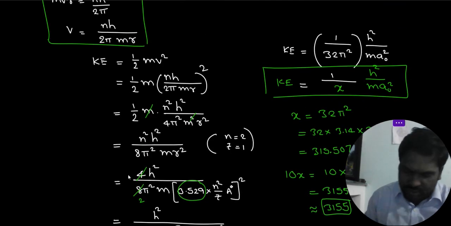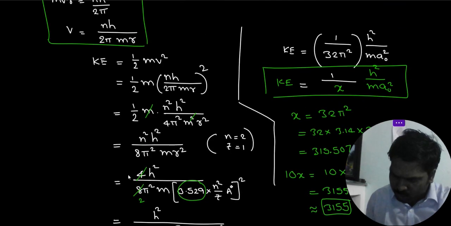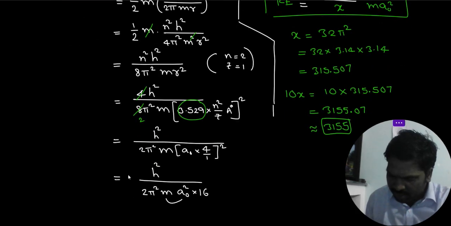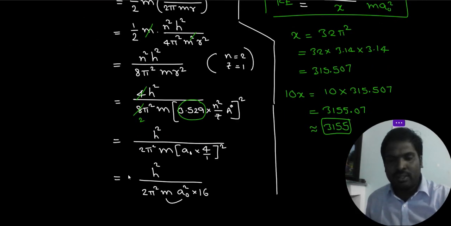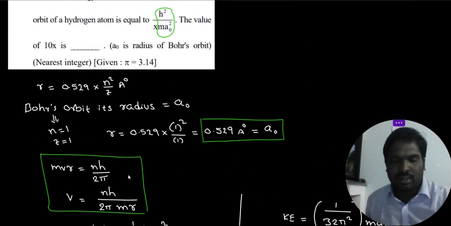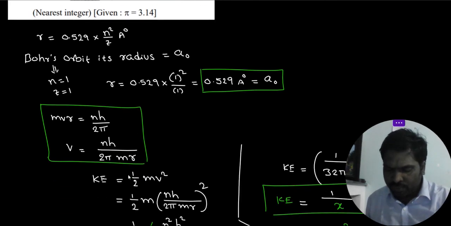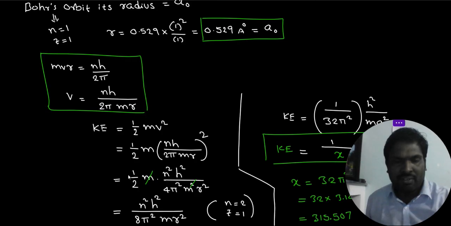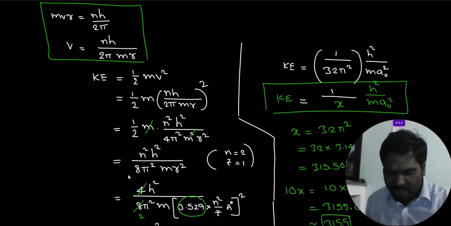I hope everyone understood this procedure. This is from the atomic structure lesson. First, Bohr's radius is nothing but a naught equal to 0.529. Then we take mvr equal to nh by 2 pi. From that we take the v value. That v value can be substituted in the kinetic energy formula.